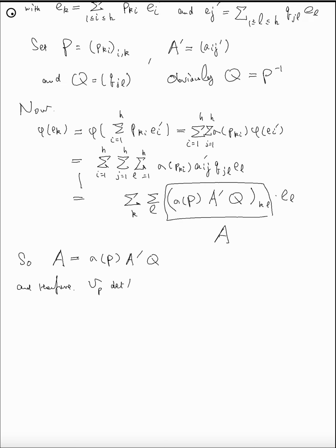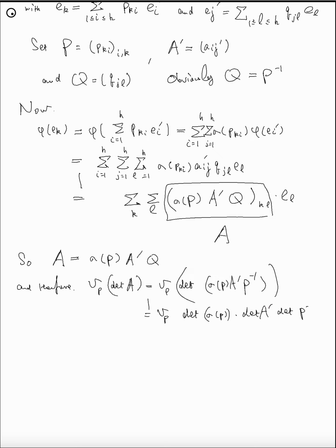And therefore the determinant of A should be the determinant of sigma P, A prime, Q, and then the determinant of this is just the product of the determinant of each one. Okay, replace Q with P inverse, so determinant of A prime, determinant of P inverse.